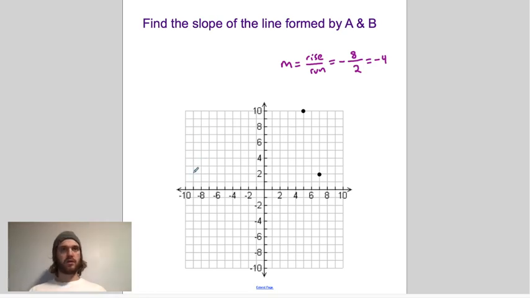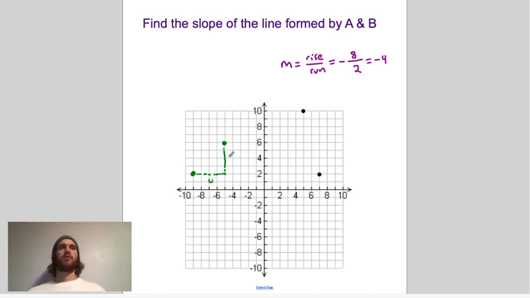How about this one? How about between these 2 points? All right, if I'm going from here to here in green, my rise over my run, I can count in this direction, counting over and up. If it helps to draw some dots, that's fine. Just know that the line is actually right here that connects those two.